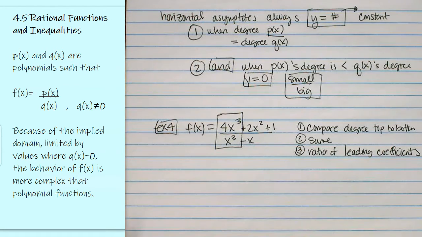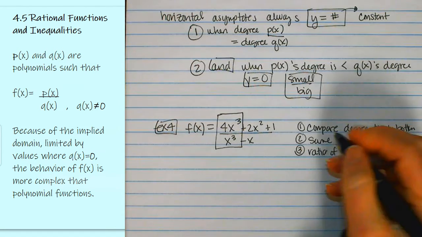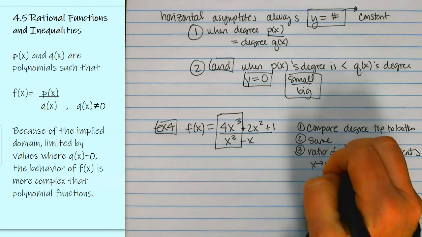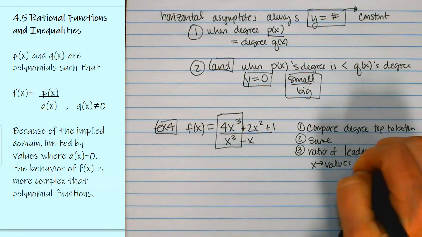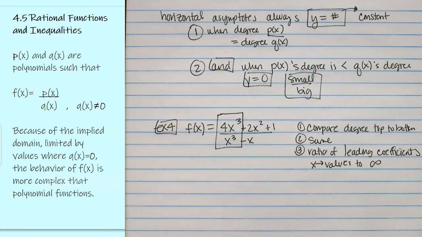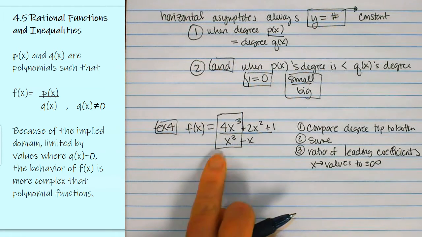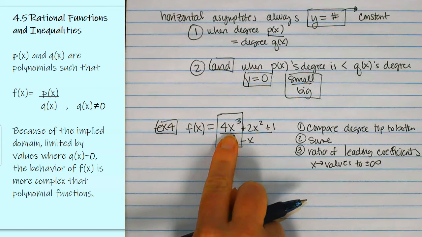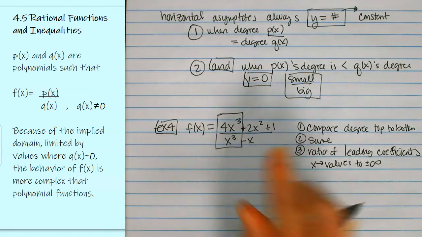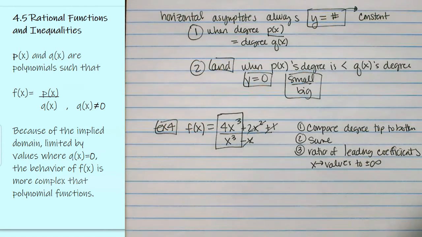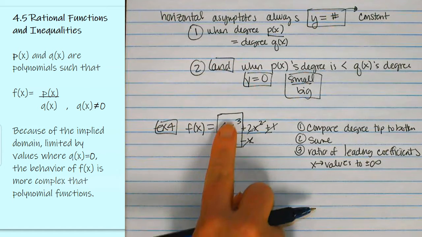Now, why is that? Again, we're looking at x values going to infinity or negative infinity. So we're looking at humongous x values. And when you cube it, it grows way faster than this one or this one. So we only care about this.